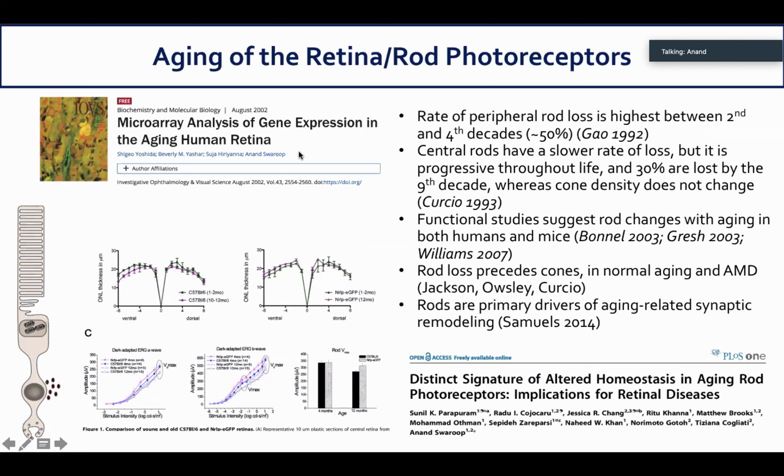This slide has a few hundred or so genes that were spotted. We used to make our own arrays in the lab as well, but this was purchased. By looking at that, we found at least 10 genes, and some of them we were able to replicate by RT-PCR that showed very specific changes in gene regulation. And we used retina at that time.